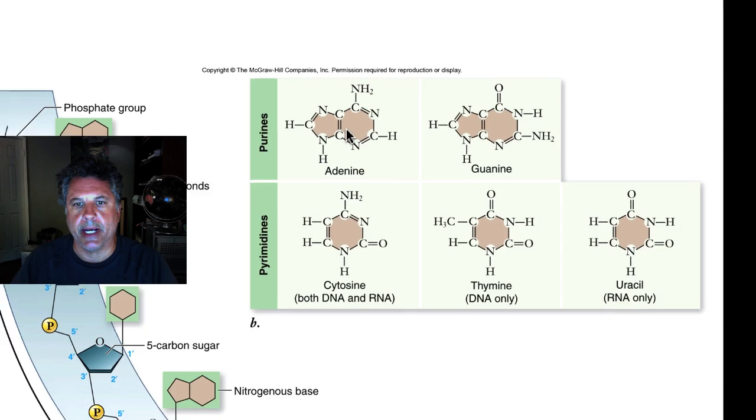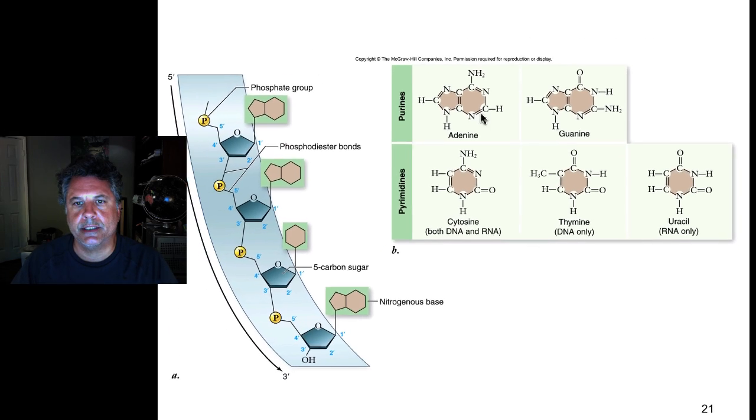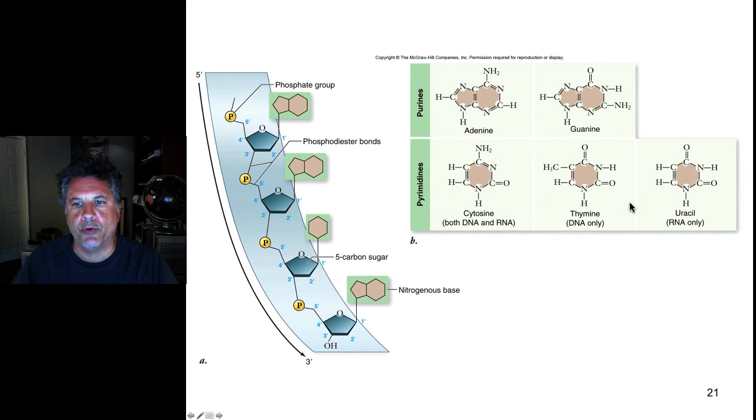So we have 2 purines with the double aromatic ring and 2 pyrimidines, cytosine and thymine, smaller single aromatic rings. And in DNA, G, T, C, or A is possible at any given position along a long stretch of DNA. We'll talk about the genetic code later.